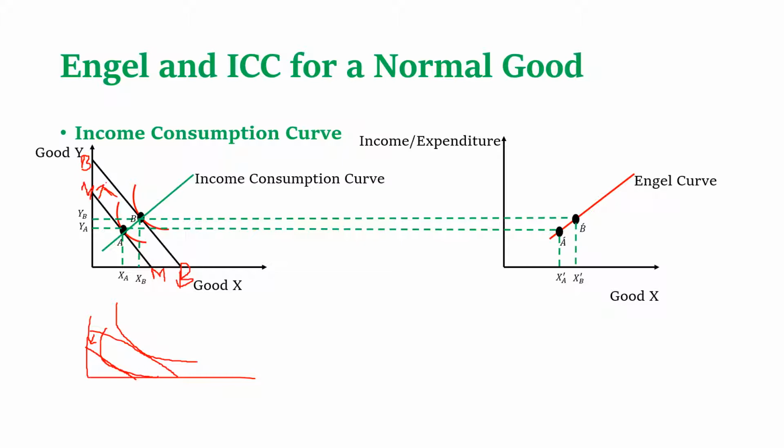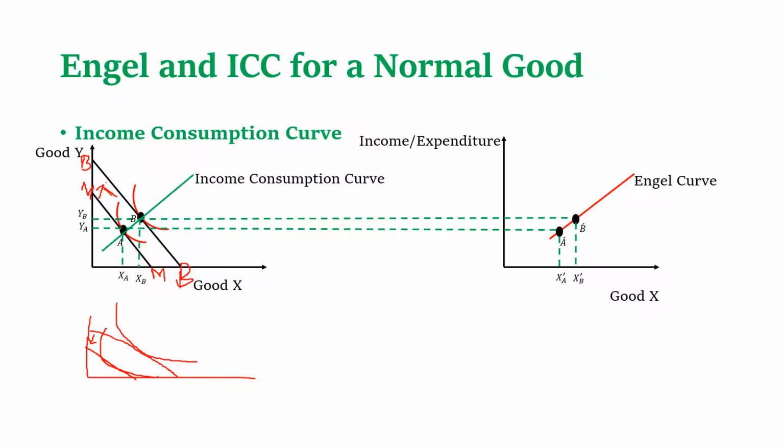Now, the reason why the income consumption curve is upward sloping is because this is a normal good. For a normal good, when the income of the consumer increases, he is going to consume more of it. Say, for example, I experience an increase in income.